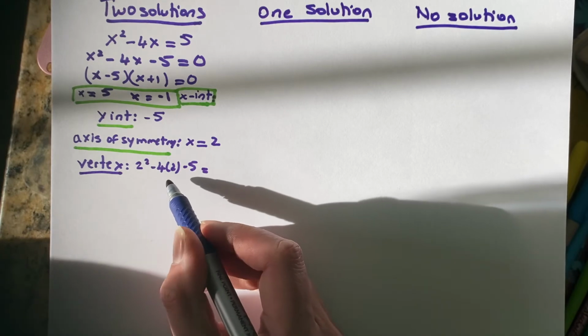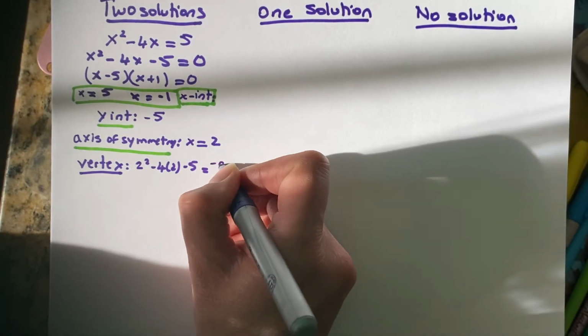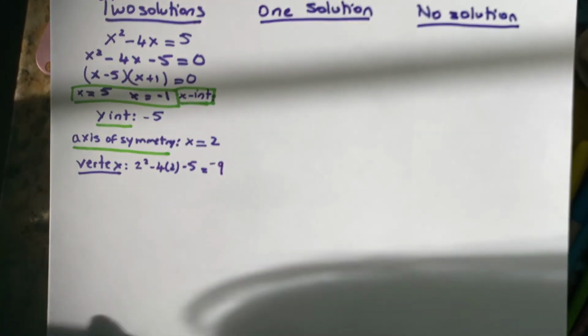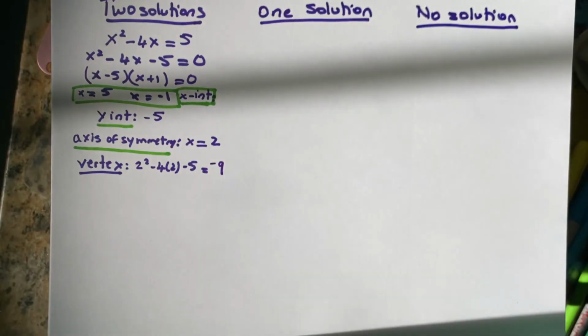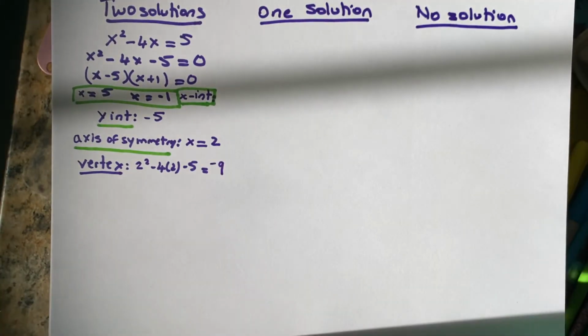So 4 minus 8 is negative 4, minus 5 is negative 9. I hesitated for a second. I was not sure if that was right, but it is. All right, so now I've written all this out, and I end up with a vertex of 2 and negative 9.